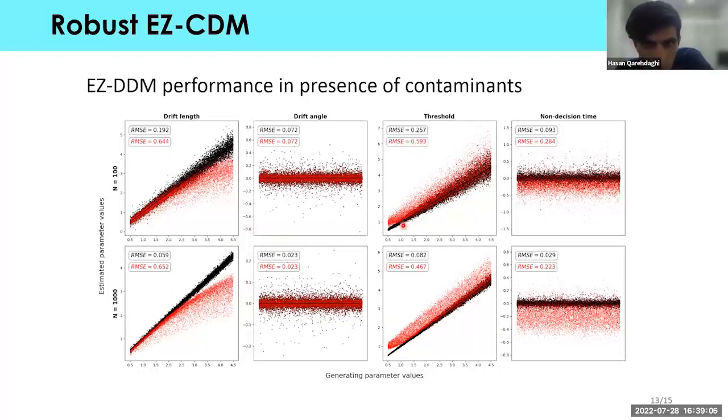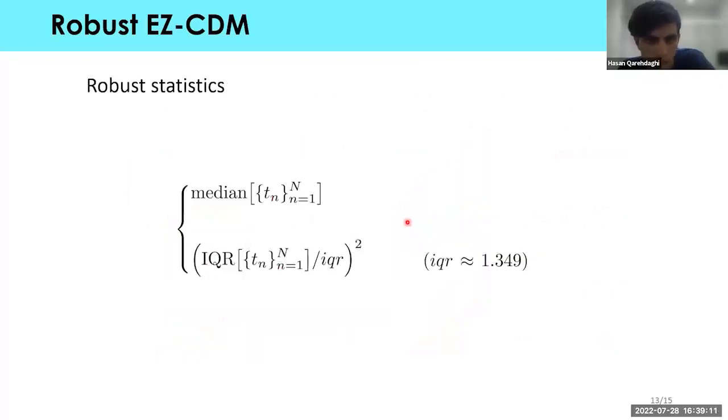But trying to find the origin of this bad performance, we can see that it originates in the statistics that are used for response time. We use the mean and variance of data, which are expectedly very sensitive to change in data, even a single point or a small proportion of data. But there are more robust statistics for central tendency, like the median, or for dispersion, like the interquartile range.